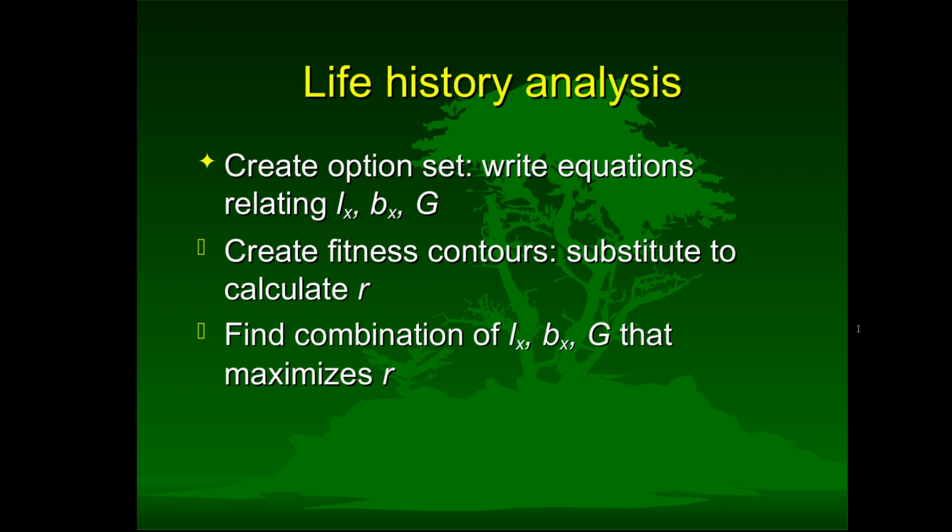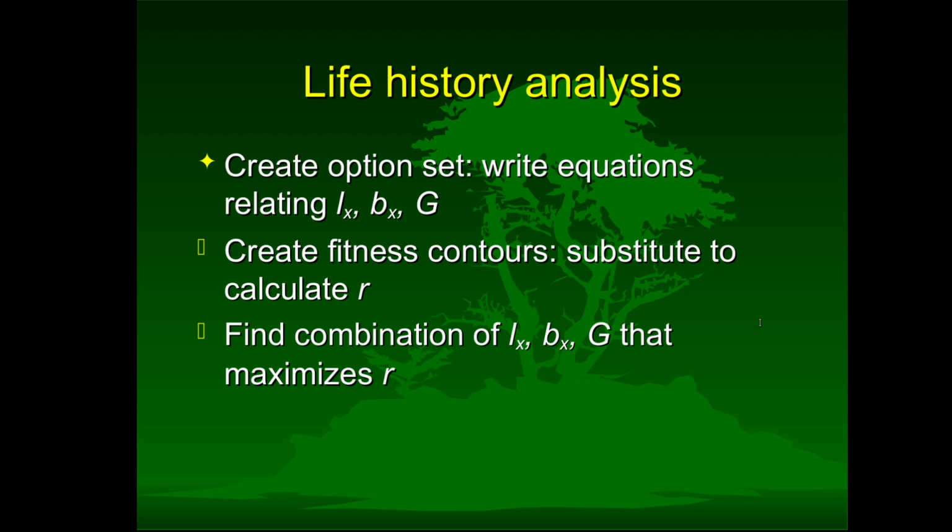You can create the option set by writing down equations that relate Lx to Bx to G. And these equations will be guided by your biological knowledge of the species. Then you can create the fitness contours: substitute the above relationships into an overall equation for r, for fitness, then plot the contours on a graph in which the two axes are two of the life history parameters you're interested in from the life table.